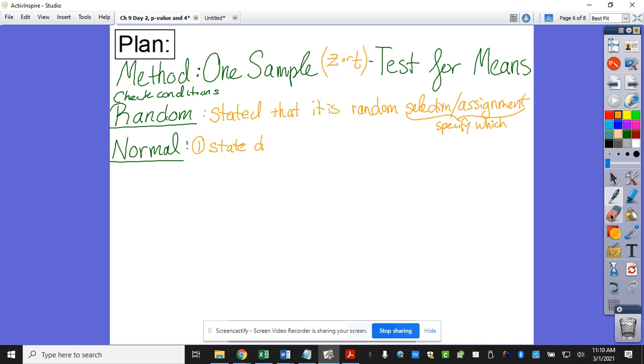Stated population distribution is normal. On the chapter 7 test, a lot of people said stated it was normal, but you need to say stated that population distribution is normal. What's another easy option?